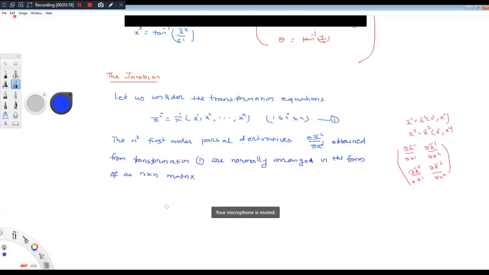And that matrix I usually call J, that is equal to: first row del x bar 1 by del x1, del x bar 1 by del x2, etc., del x bar 1 by del xn.